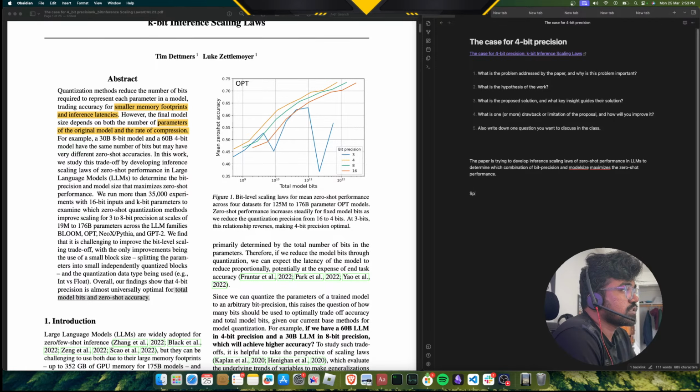Spoiler: 4-bit precision turns out to be the best.